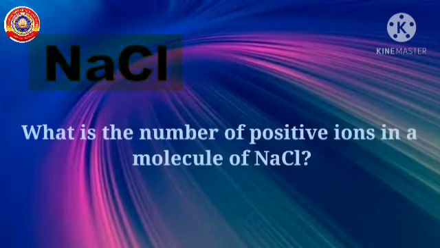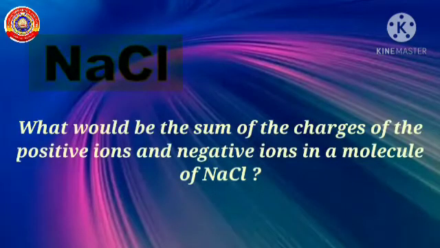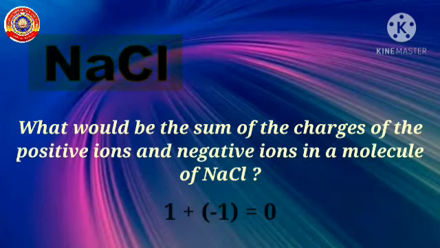What is the number of positive ions in this molecule? Exactly, only one sodium ion, right? What is the number of negative ions in this molecule? Again, one negative ion, right? Therefore, what would be the sum of charges of the positive ions and negative ions in this molecule? Of course, it will be 0, right?